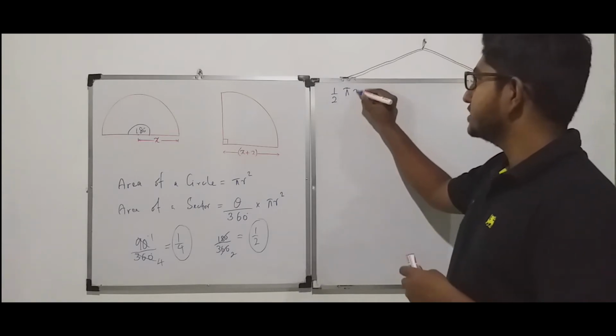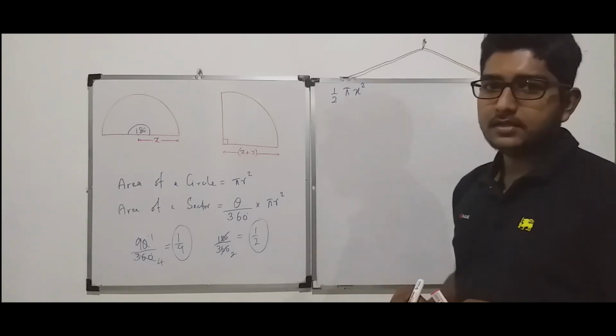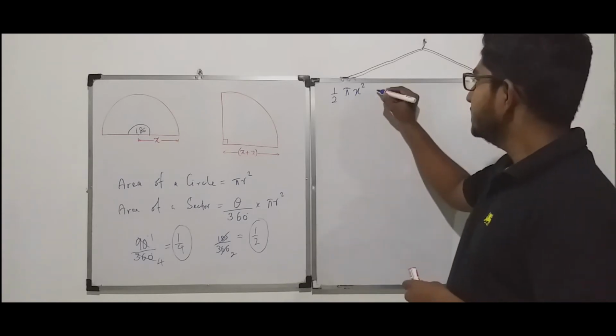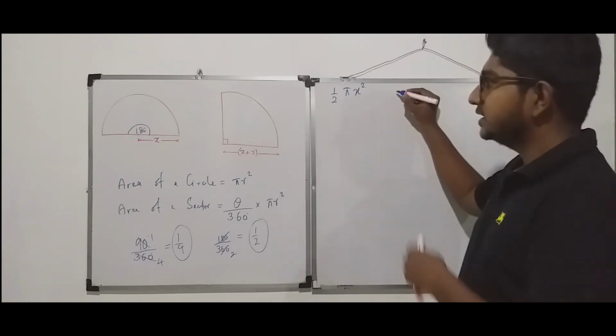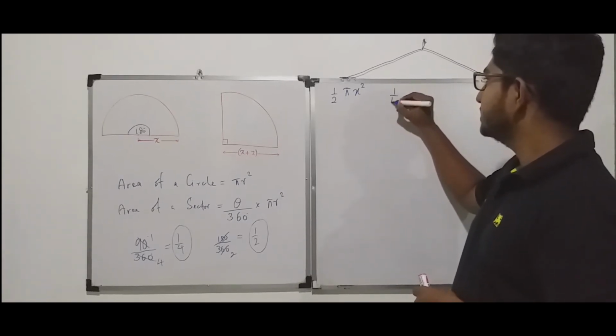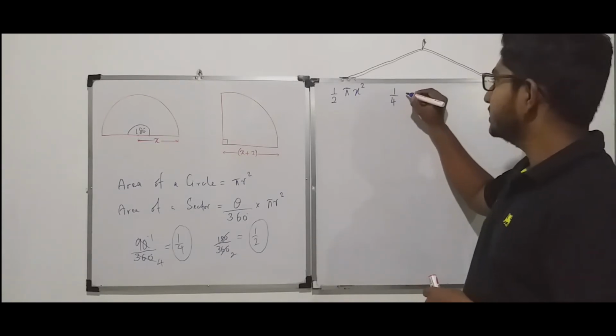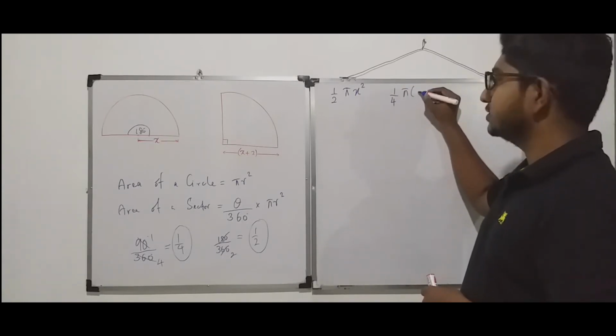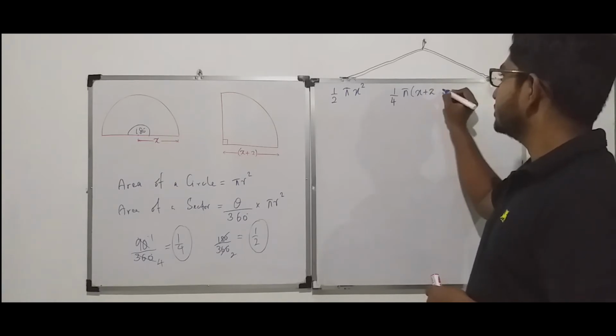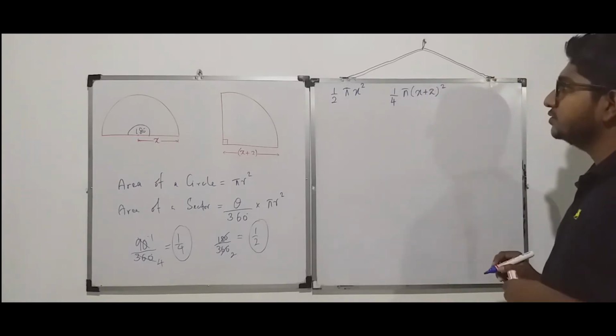What is the radius? x squared. Then the area of the other figure is a quarter, so 1/4 into πr squared. What is the radius? x plus 2. So it becomes (x plus 2) squared.